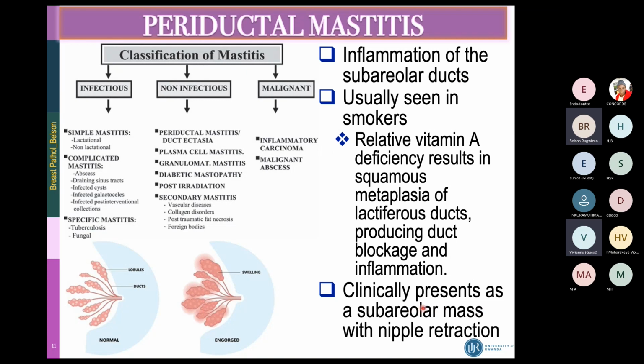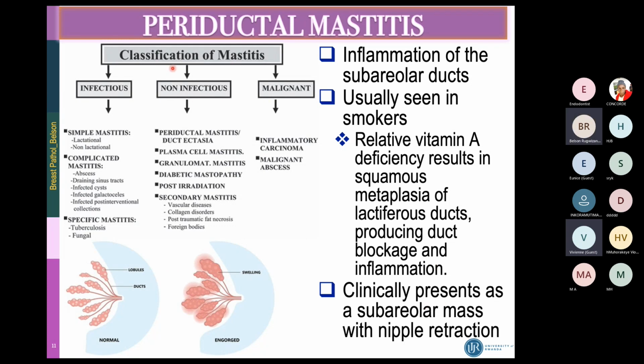This will be worrisome because whenever someone has a mass in the breast and there is nipple retraction, it is a sign of cancer. So that's why when you have such a woman, first of all, you have to rule out a cancer, and this will be done usually using pathology. Otherwise, radiology will not help much.